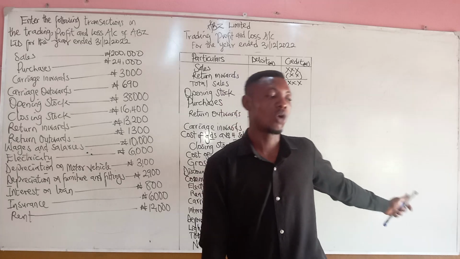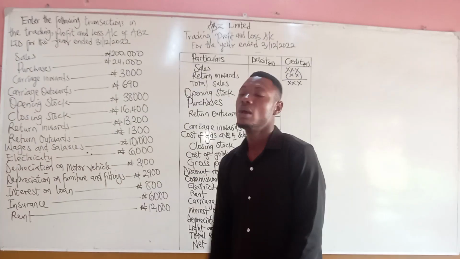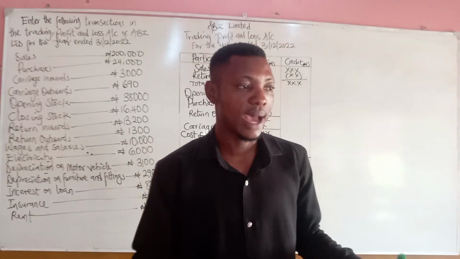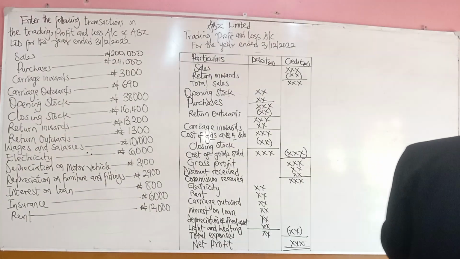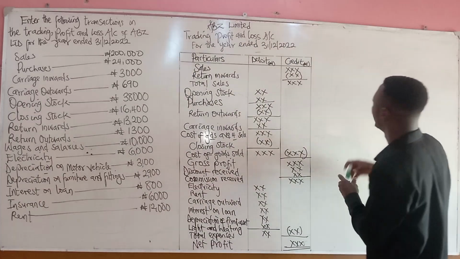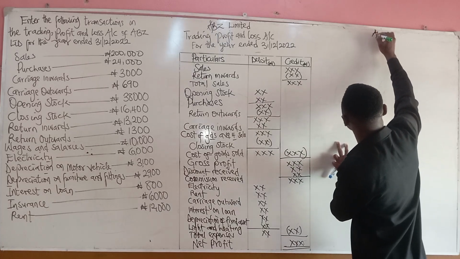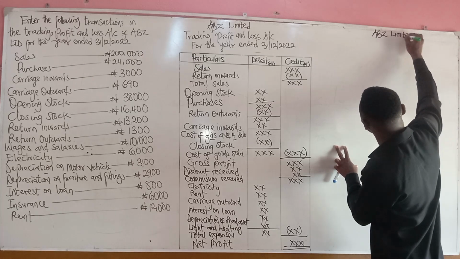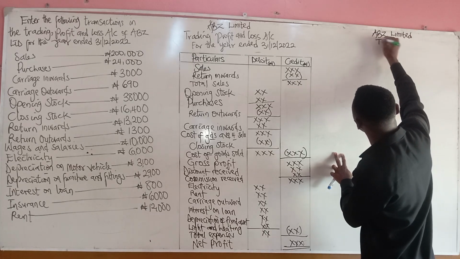Now, let us use our conventional method in solving this trading profit and loss account. So first, I have my heading, which is A, B, Z Limited, trading.